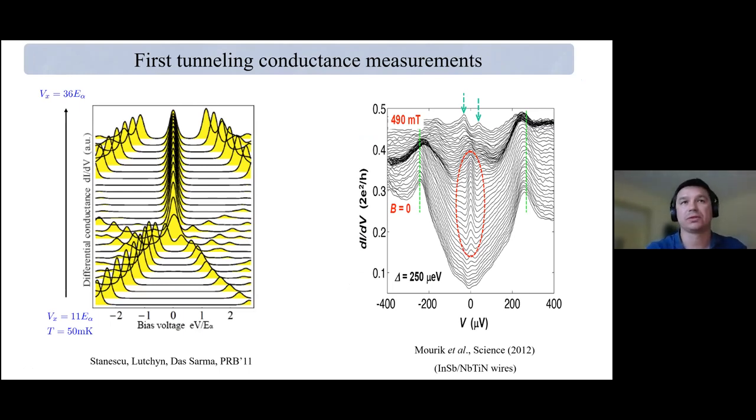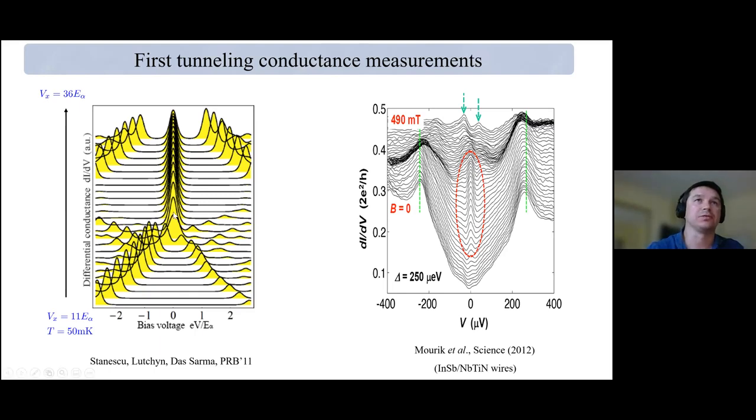Soon after these proposals, we saw some first attempts to realize this model in indium antimonide-titanium nitride wires. So this is the well-known Mourik et al. experiment, where indeed you see the appearance of a zero energy state at finite magnetic field, which is consistent with the model.